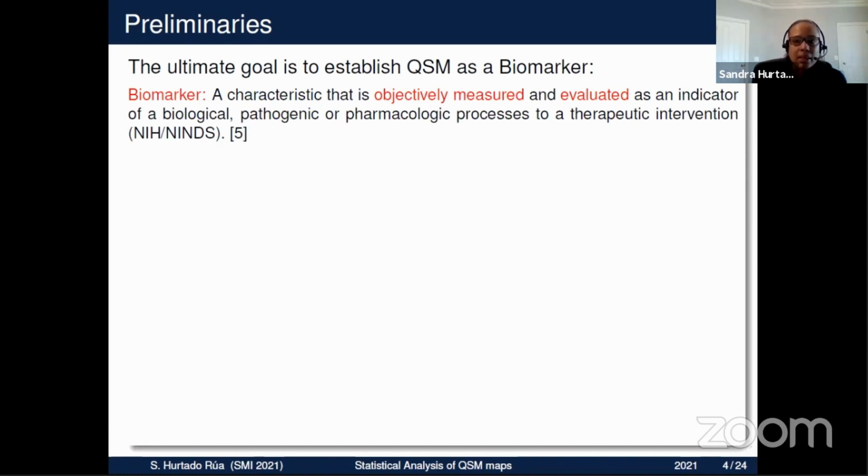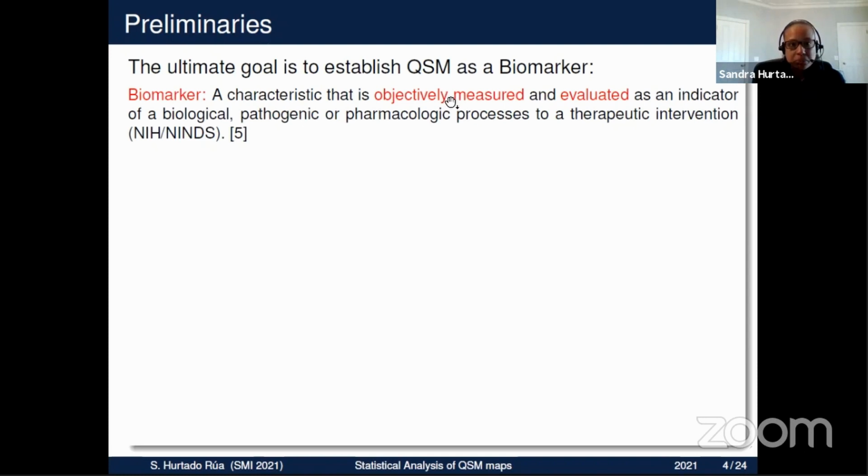So what is a biomarker? What do we need to do next? It's a measure you can objectively obtain. And this is a lot of the work that Elizabeth talked about today. How can we automate this measure to make the work easier?